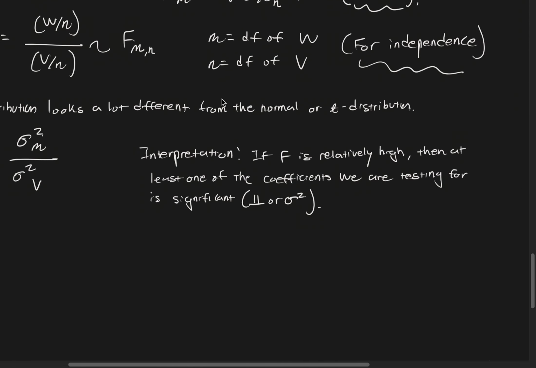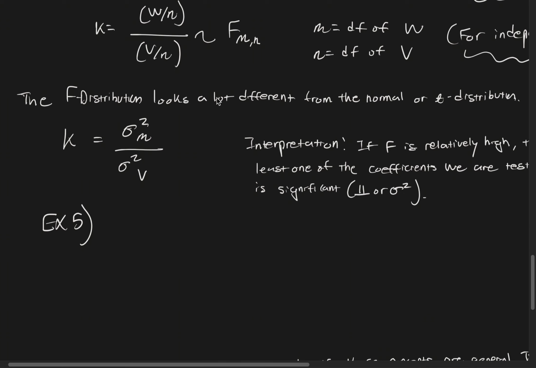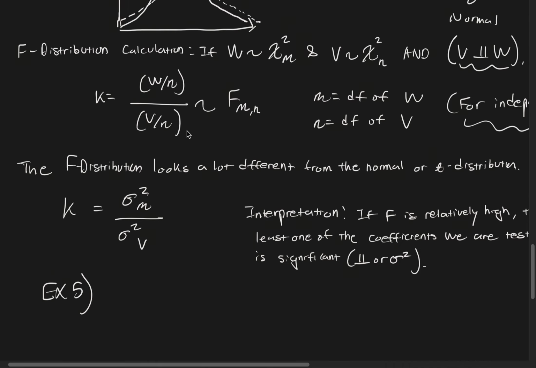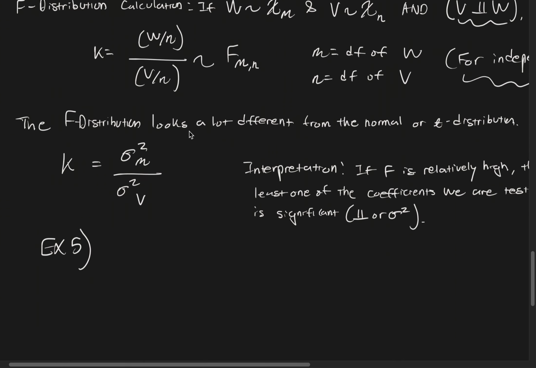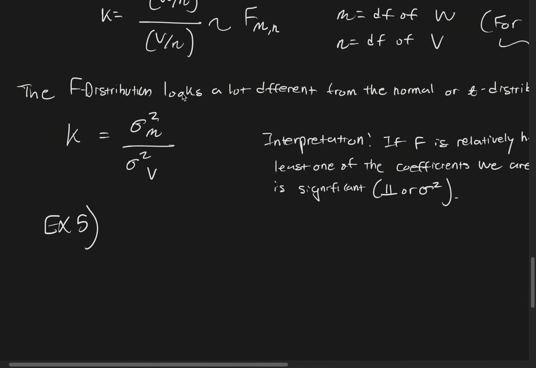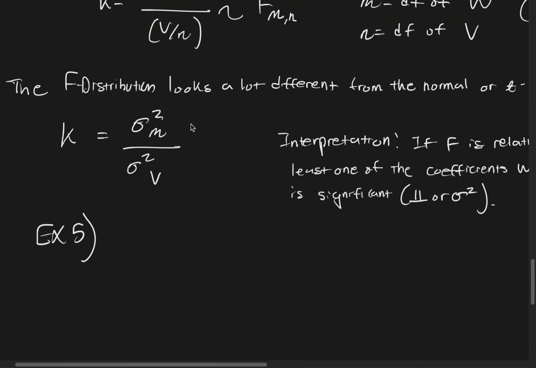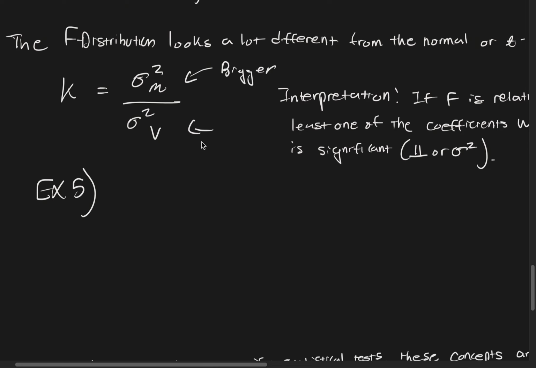And for the test of the coefficients, it's simply the variance of the first statistic divided by the second. We always put the bigger variance at the top, so that the k value will always be greater than 1.